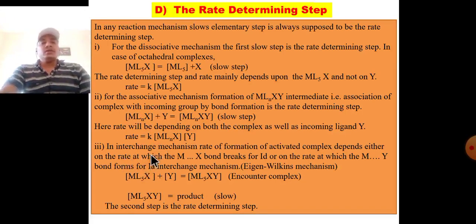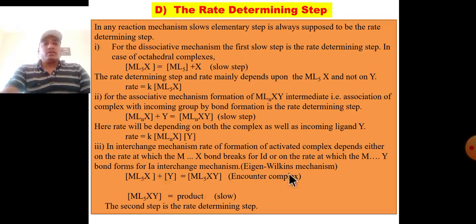Third, in the interchange mechanism, the rate of formation of the activated complex depends on either the rate at which the MX bond breaks for the interchange dissociative, or the rate at which the MY bond forms for the interchange associative mechanism.